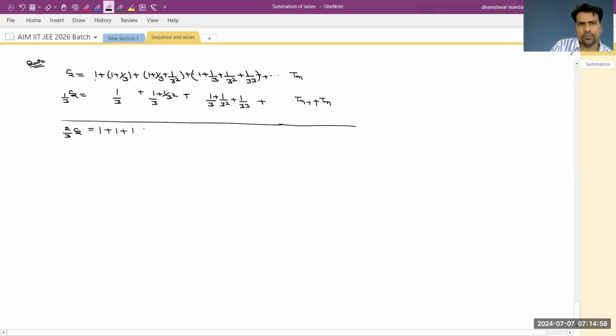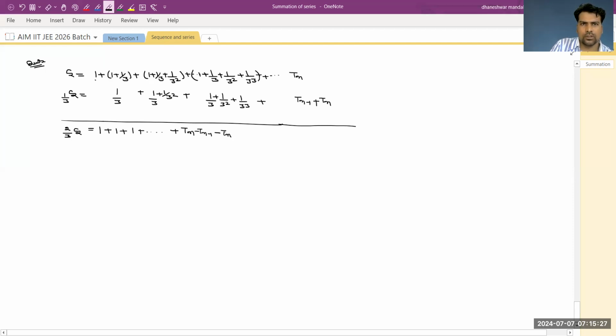Is this clear? Here 1 by 3 and 1 by 3 square will be cancelled out. It means I get 1, 1, 1. Again, here we have T n minus 1, and then minus T n.